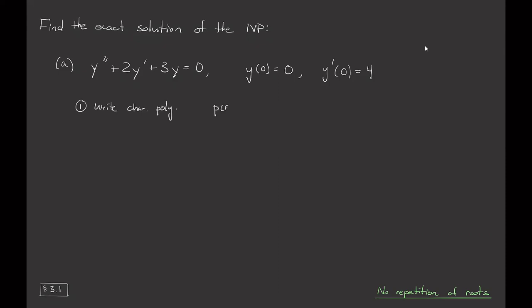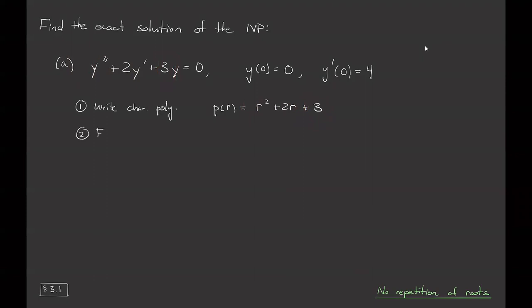That, of course, is going to be P of R is equal to R squared plus 2R plus 3. So we have 1 here, second order, so we get squared, 2 here, and then 3 here.